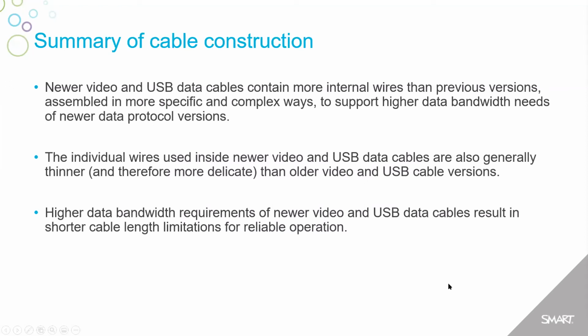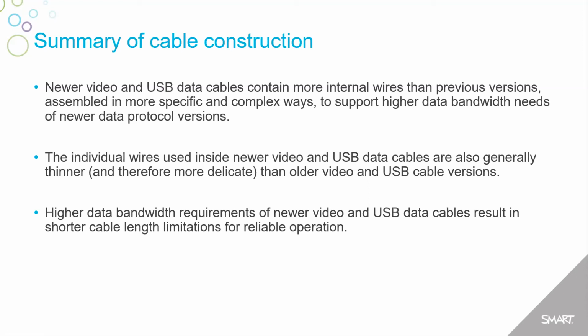So to summarize, newer video and USB cables contain more internal wires than previous versions, and they are assembled in more specific and complex ways in order to support the higher data bandwidth needs of today's newer data protocols. The individual wires are also generally thinner than previous versions.